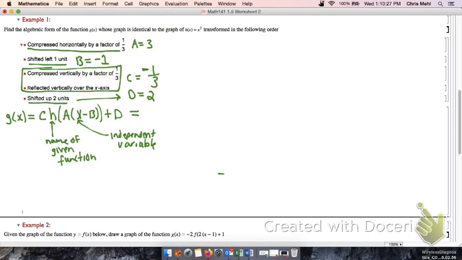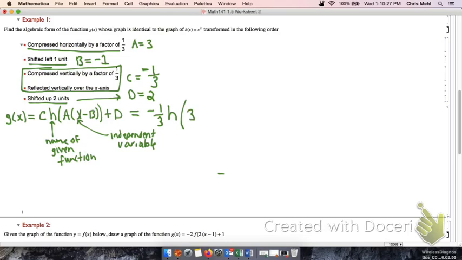So the next thing I'm going to do is, down below, I am going to replace the values of A, B, C, and D. Okay, so now what? C was -1/3. You don't touch H yet, that's just the name of the function.